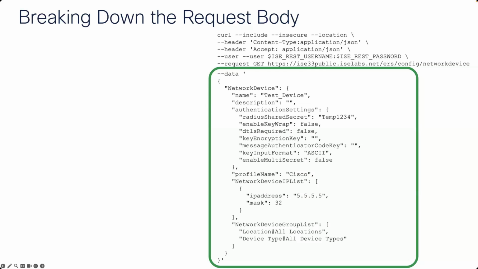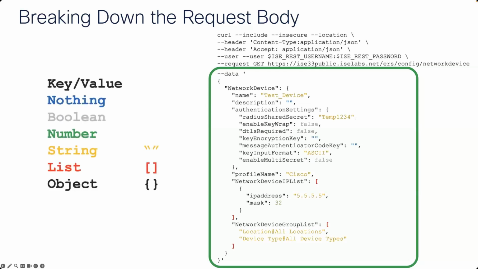Network device has its own object with the list of key value pairs here. And you can see how all the other elements within the value types are shown with the different colors here, whether they're inside those objects, whether they're inside the lists as well. Hopefully this helps to bring that home so that it's easier to understand.